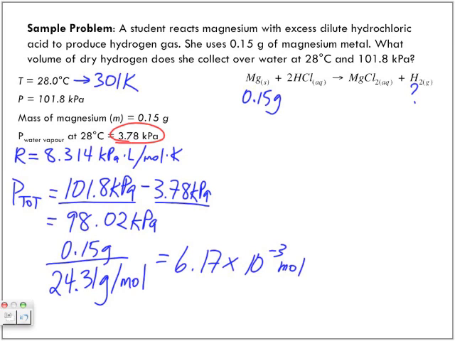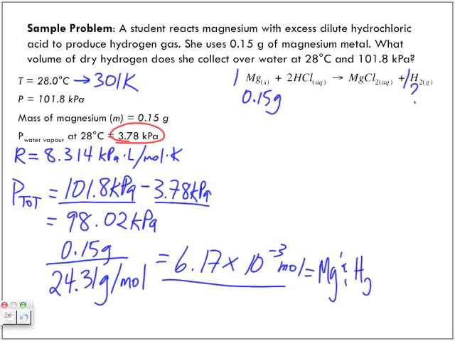We're being asked to find the volume, and we've just calculated the number of moles of magnesium. We can go through the chart, or we can look at the fact that it's a 1-to-1 ratio between magnesium and hydrogen gas, which means the moles for hydrogen are also 6.17 times 10 to the power of -3 moles.